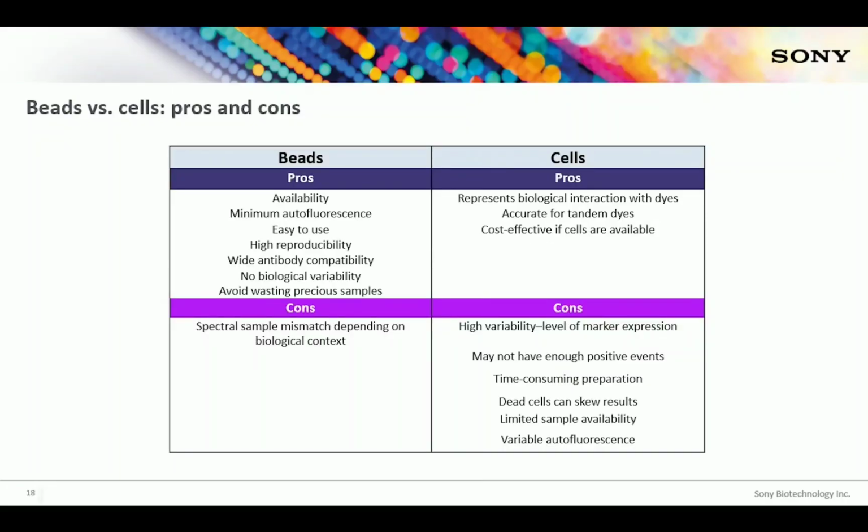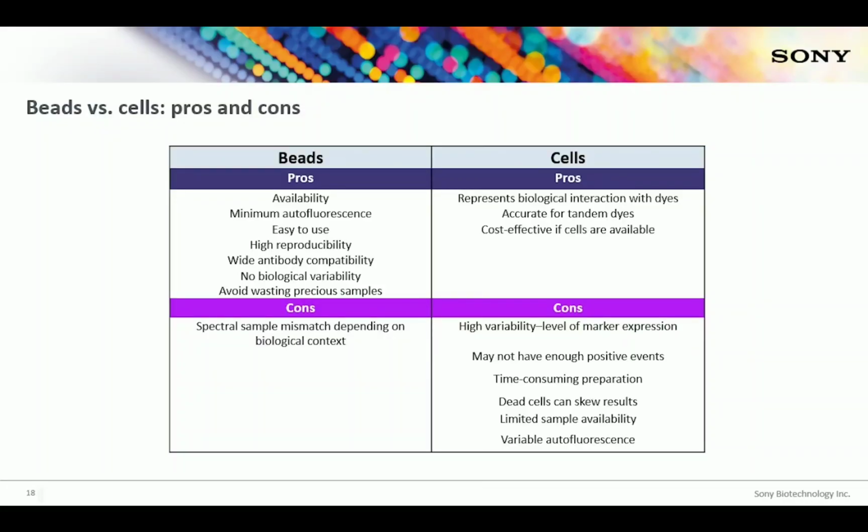They can be more time consuming in sample prep because sometimes you need to harvest more cells just because of the single stain controls. If you have many dead cells, this can also affect the results because dead cells can interact with the different dyes and also the autofluorescence will not match.